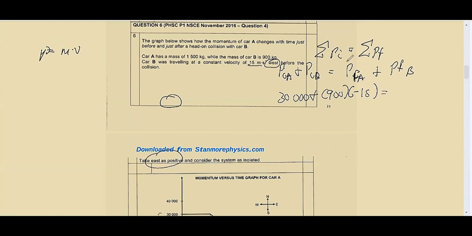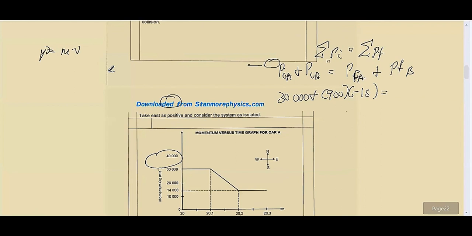Then is equals to, what is the momentum for A after the collision? So let's look at this. Remember, this was before collision, during collision, and after the collision, the momentum is 14,000. So we substitute 14,000 here. Then plus, to look for the velocity of B, we can just substitute the mass for B and then multiply that by the velocity V2F.